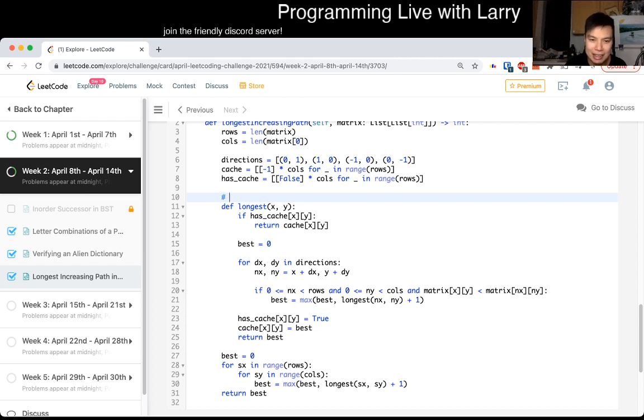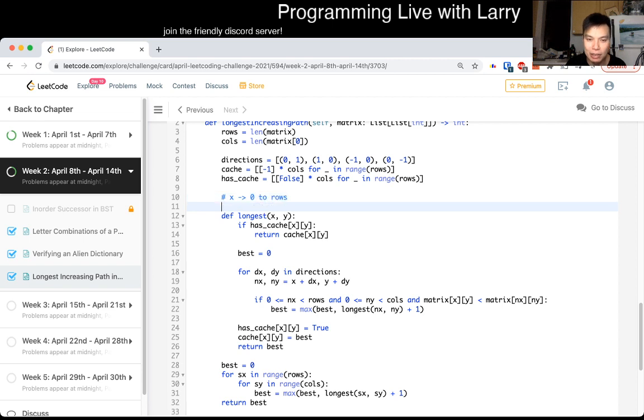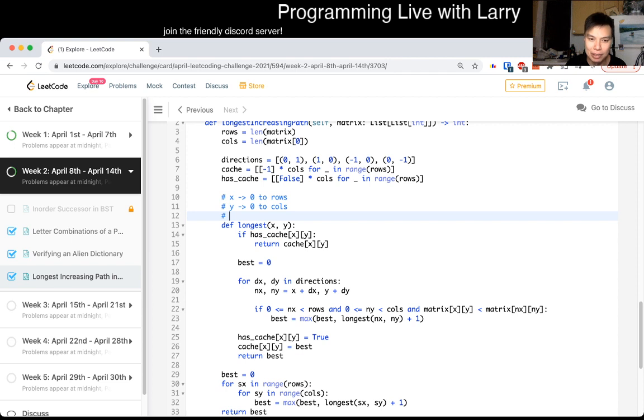But here x obviously goes from 0 to rows, y goes from 0 to columns. So therefore, that's the number of inputs. The total number of inputs is equal to O of R times C. Let's just call it R for now and C for now.